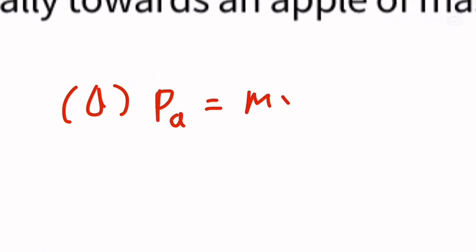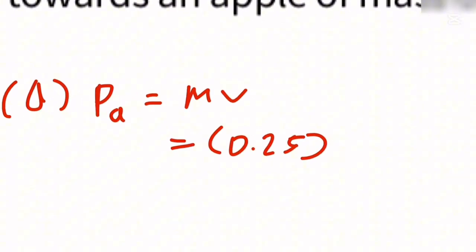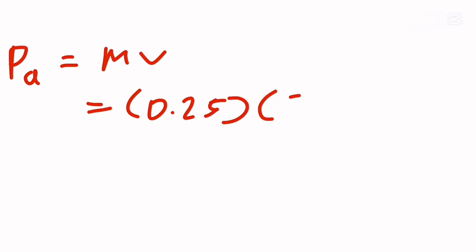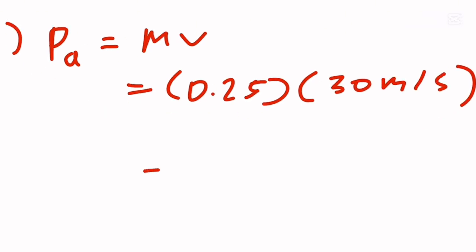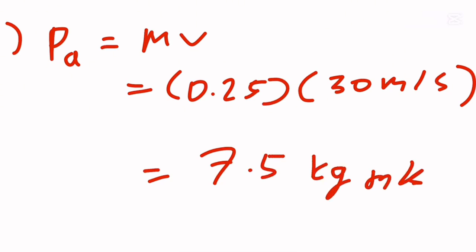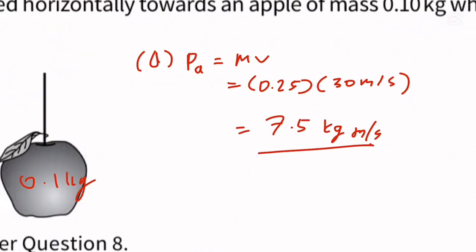Momentum is mv. Mass is 0.25 kilograms, and velocity is going to be 30 meters per second. If we use the calculator, it will be about 7.5 kilogram meter per second. So the arrow's momentum is 7.5 kilogram meter per second.